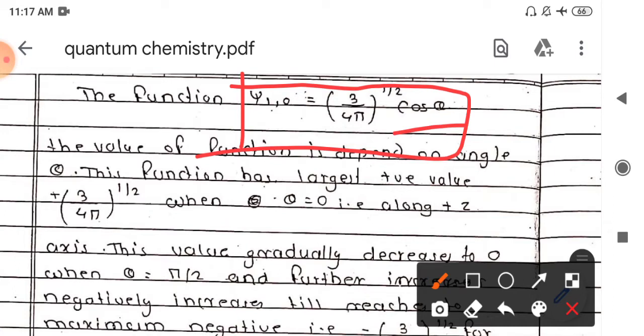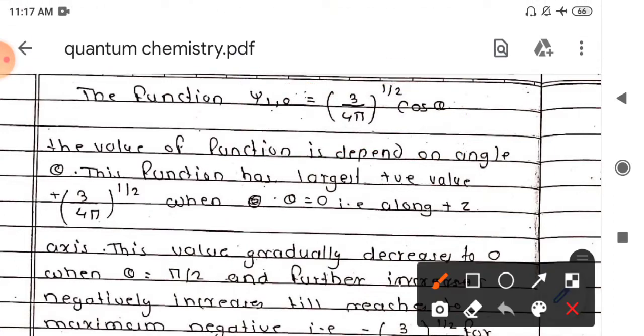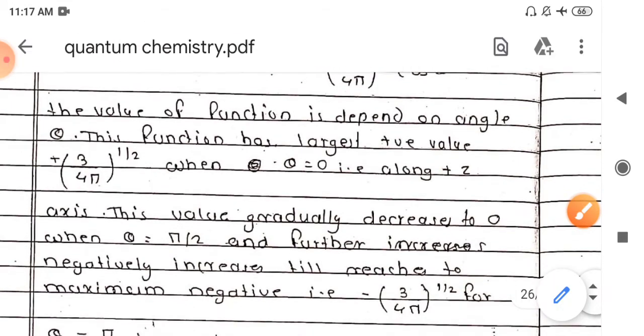Which orbital is this representing? It is representing the pz orbital. The value of the function depends only upon the angle theta, and theta is the angle of projection along the z axis. So this angle is related only with the z axis. This orbital is nothing but the pz orbital.